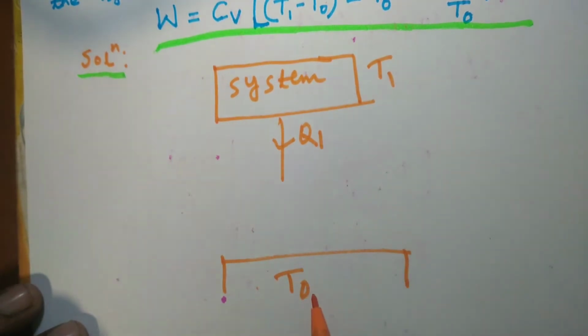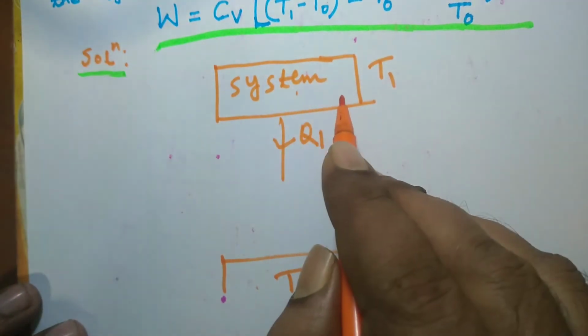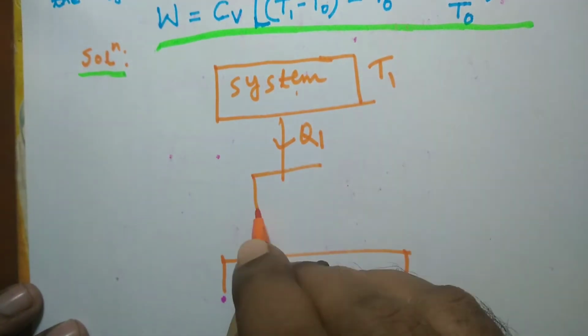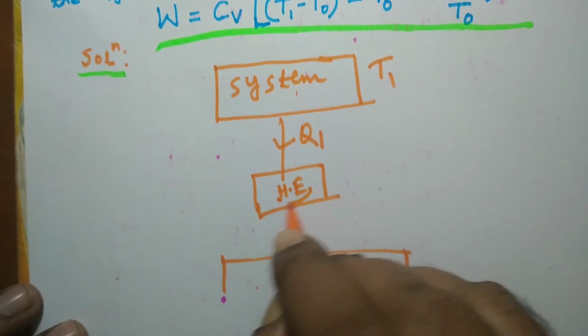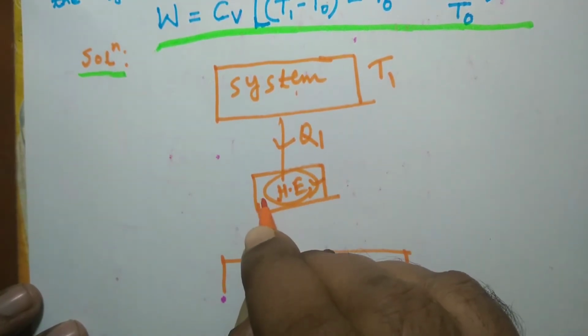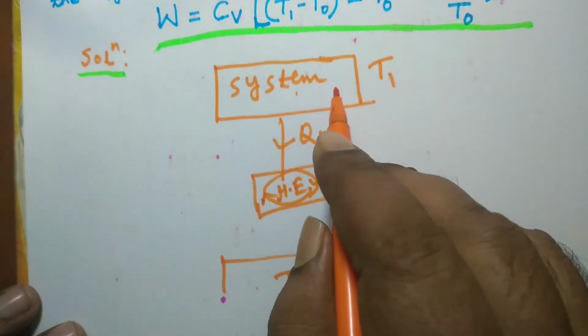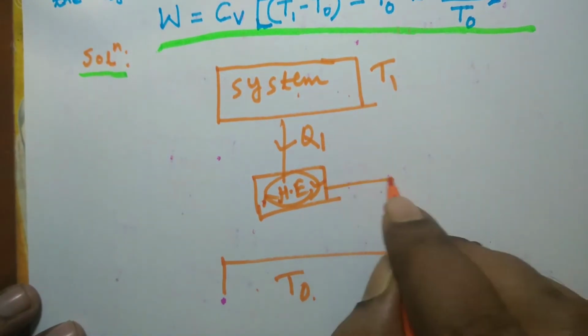There is a heat reservoir here, but this is a finite body. This is not an infinite body of infinite heat capacity. So if we operate a heat engine between these two, this is a finite body of finite heat capacity.